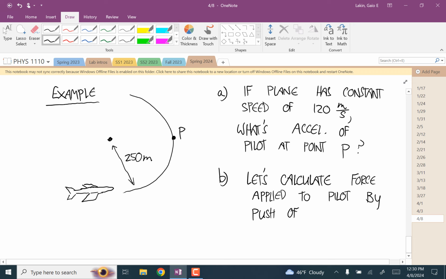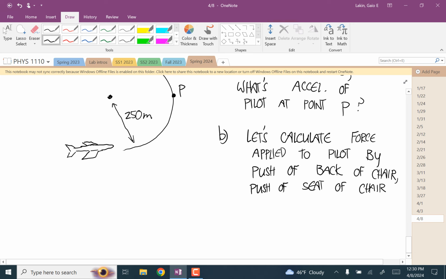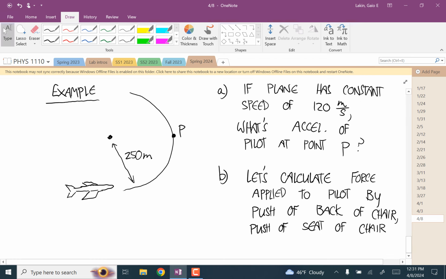So by the push of the back of the chair and the push of the seat of the chair. Okay, so we'll go through this one and then we'll do a sort of similar one. I need to give you the mass of the pilot. Let's say the mass is 100 kilograms.